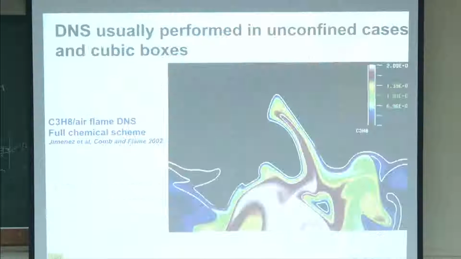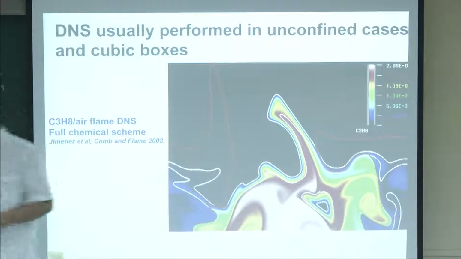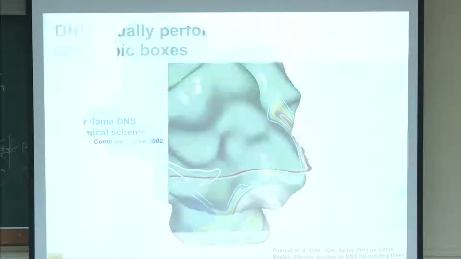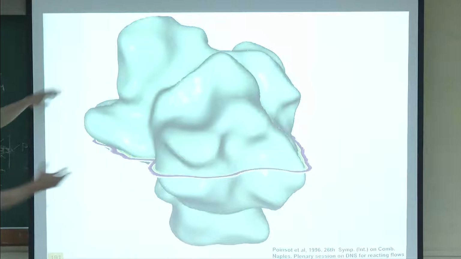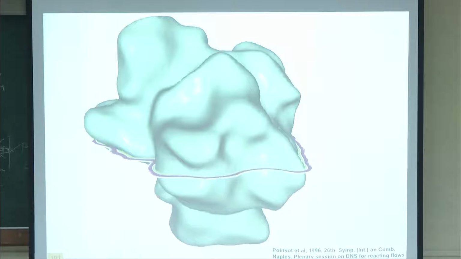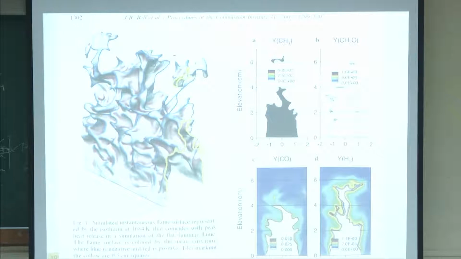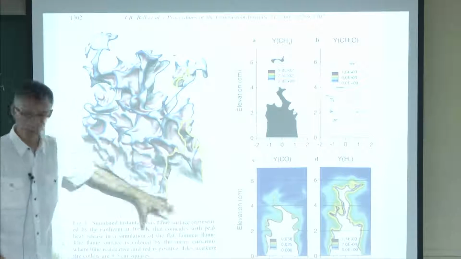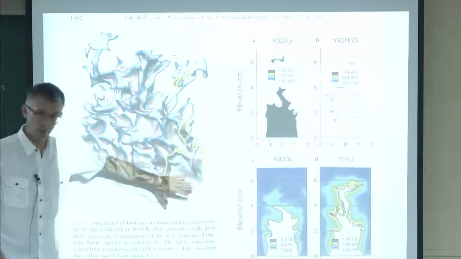So you need to go from these DNSs performed in cubic boxes, in that case, or this is also a DNS here of an ignition, a flame igniting in a premixed flow, but all of this is structured. You need to go to more complicated cases. So you can extend a little bit what you can do with simple meshes. That's a Bunsen flame burner. It's a turbulent flame. You have here an injection of premixed gases.